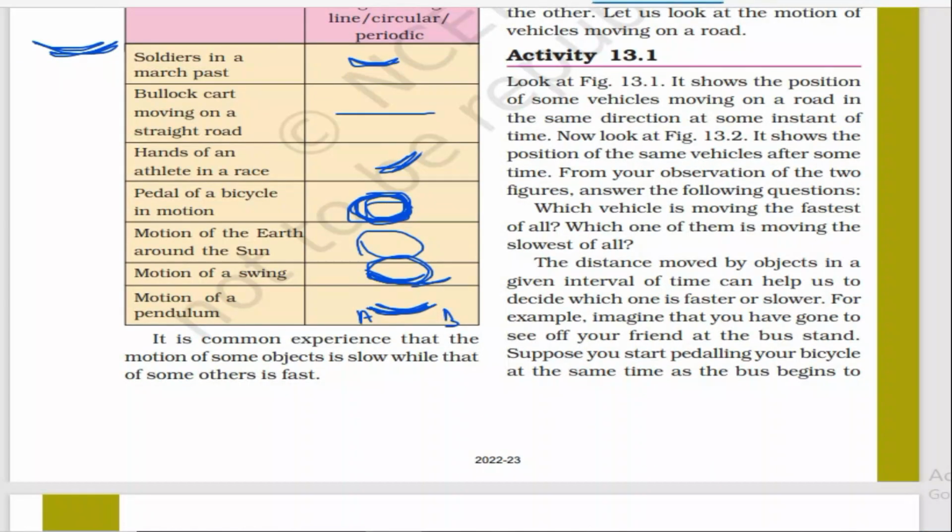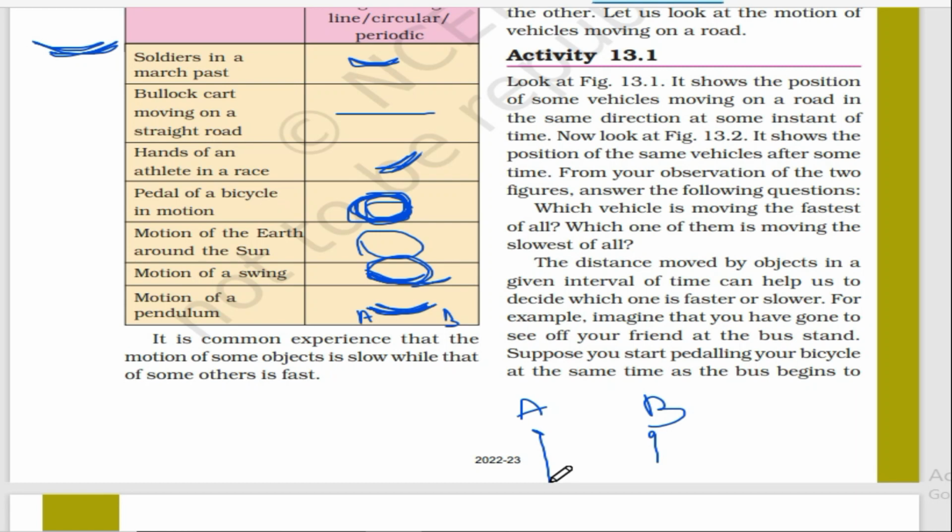So this is the activity, and you don't need to observe this, because I'm going to tell you what it is. If there are two vehicles A and B, and they start from here and from here, going like this, then what is the way by which we can find out which one of them is faster?